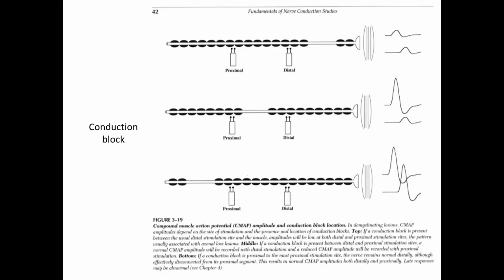Second is the usual scenario where demyelination is between the distal and proximal stimulation sites, hence the proximal CMAP amplitude is decreased by more than 50%, called a conduction block. Third scenario, when demyelination is proximal to both the distal and proximal stimulation sites, there is normal amplitude but slowing.